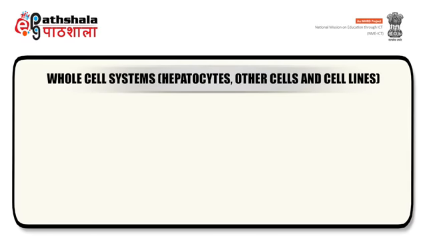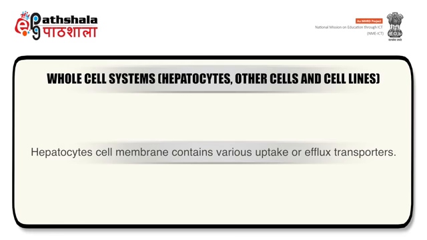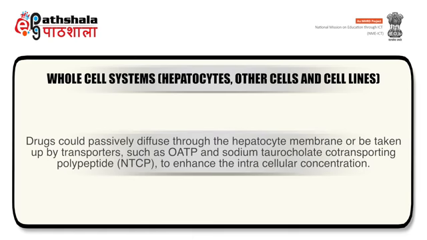Whole cell systems. In this category, hepatocytes, other cells and cell lines are considered. Hepatocytes are primary liver cells where drug metabolism occurs. The hepatocyte cell membrane contains various uptake and efflux transporters. A drug could passively diffuse through the hepatocyte membrane or be taken up by transporters such as OATP and sodium taurocholate cotransporting polypeptide, NTCP, to enhance the intracellular concentration.